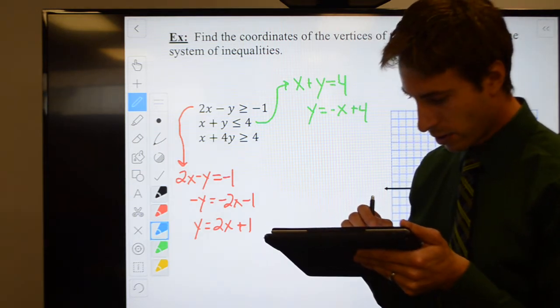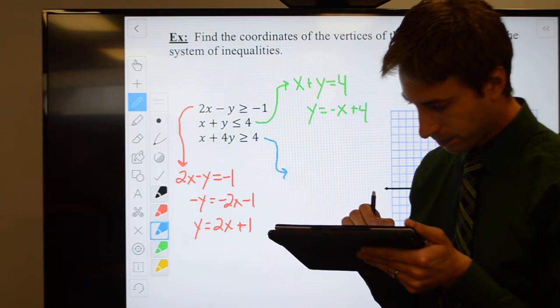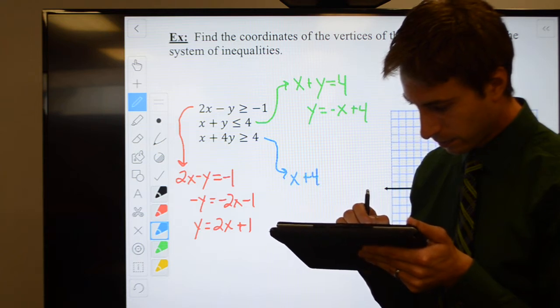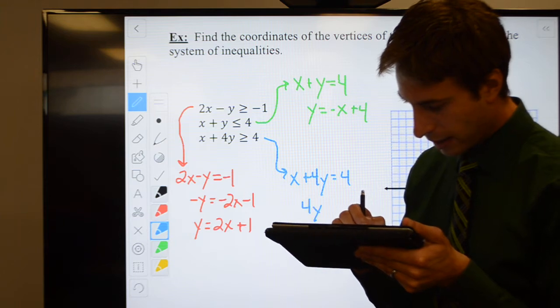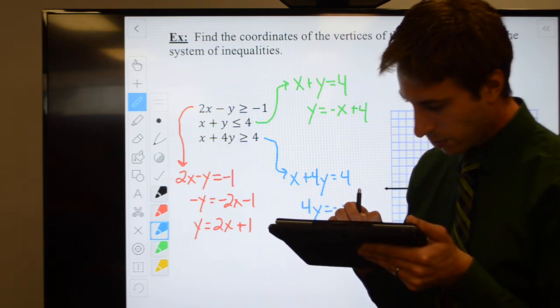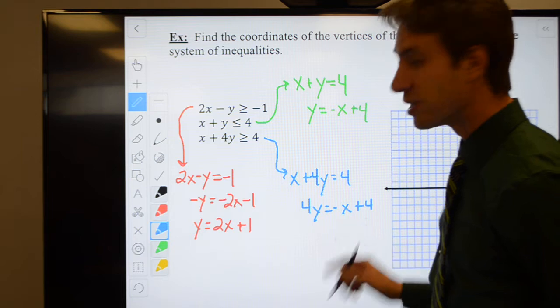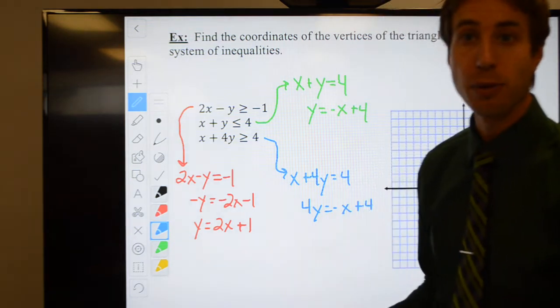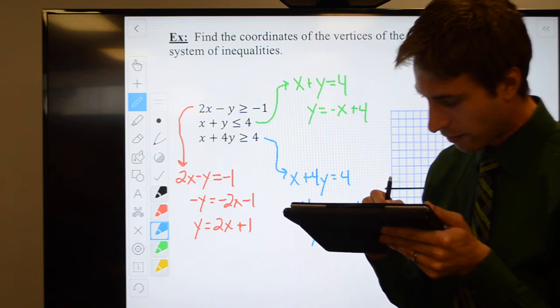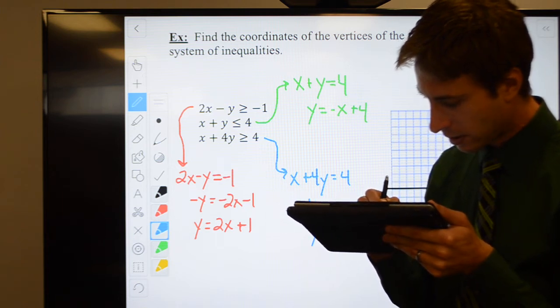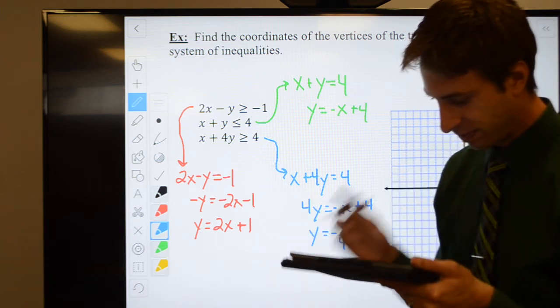Let's do this one right over here. So I'm going to have 4y is equal to negative x plus 4. I now need to divide both sides by 4, which I can do. That gives me y equals negative 1/4 x plus 1.